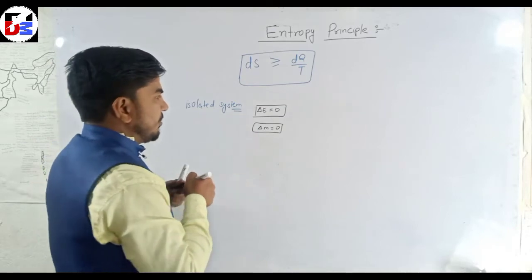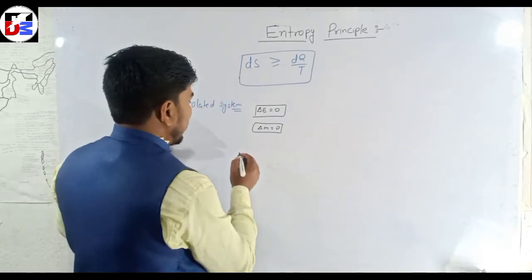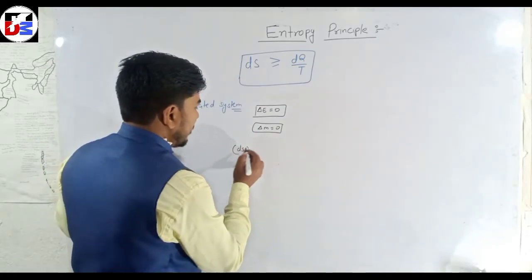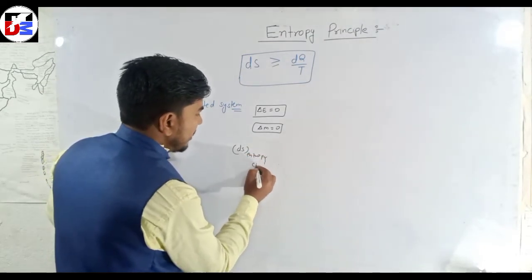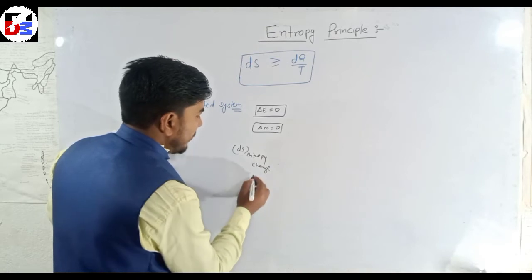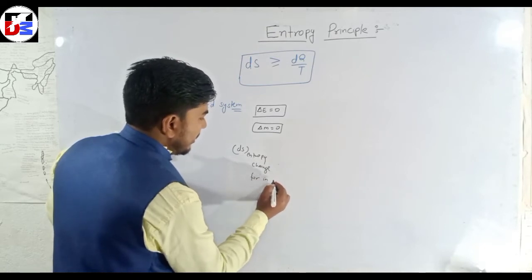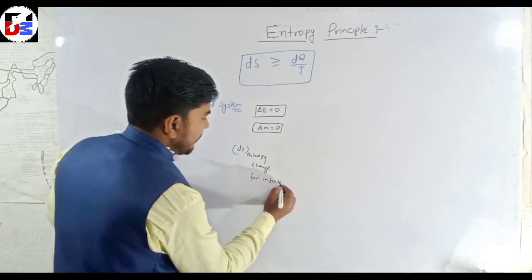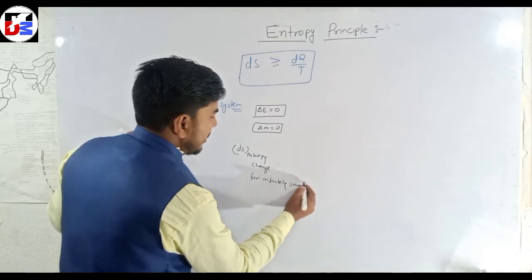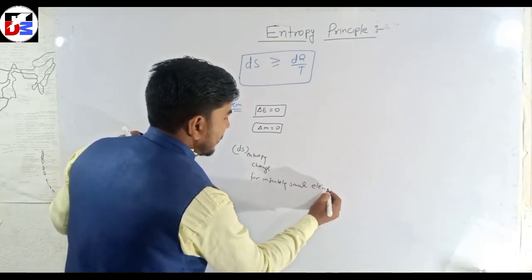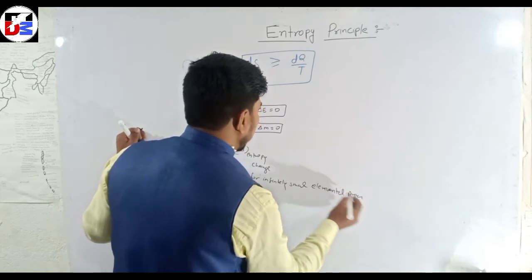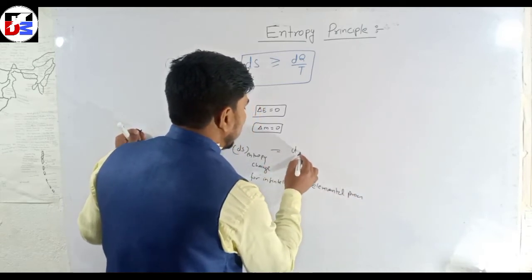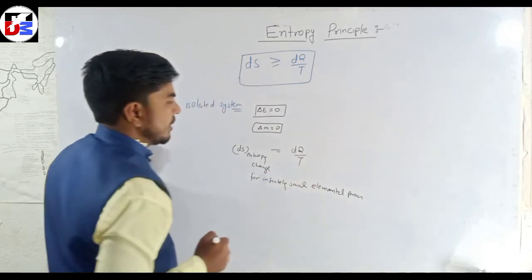And now we put here dS, the entropy change for an infinitely small elemental process, that is dQ by T. This is for reversible.